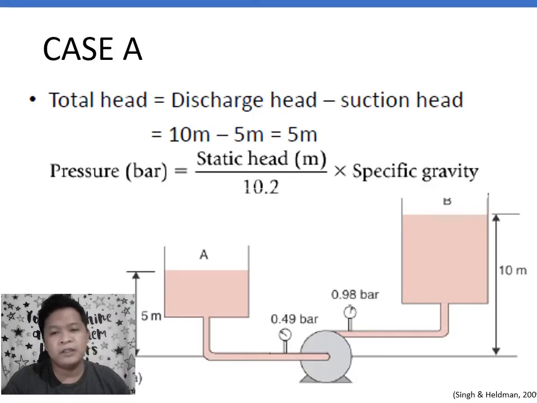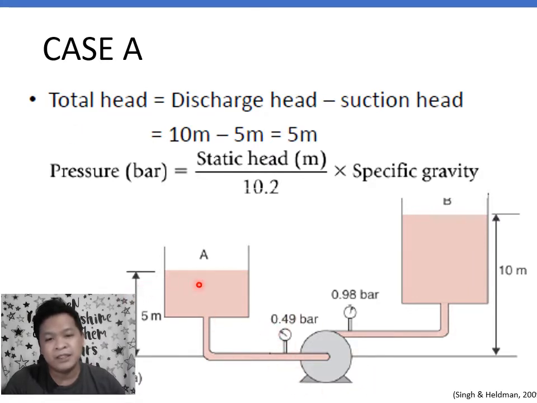So in looking at the basic head requirements, you want to look at the nature of the system. Okay. So this here is the suction side and this here is the discharge side. The total head in this case refers to practically yung total amount of work in terms of pushing or siphoning a liquid up na kailangan nung pump. Okay.